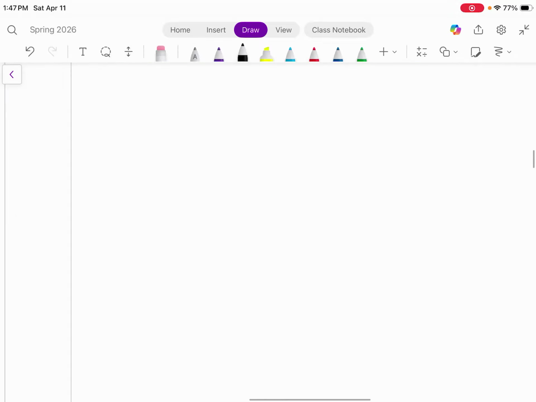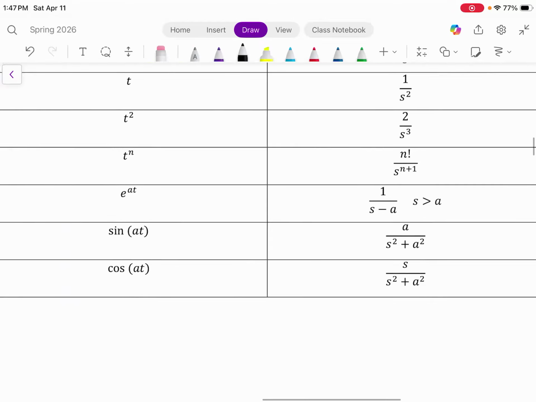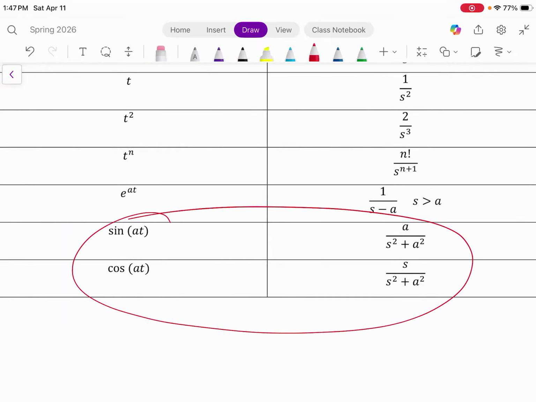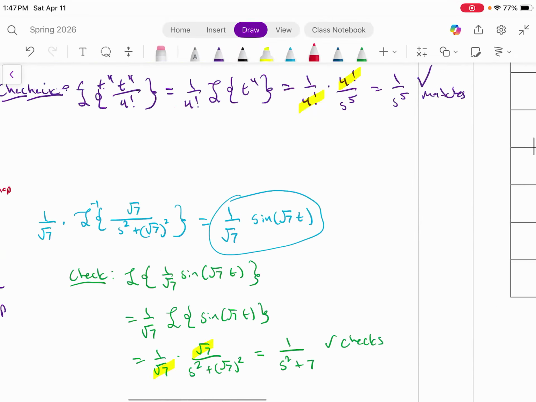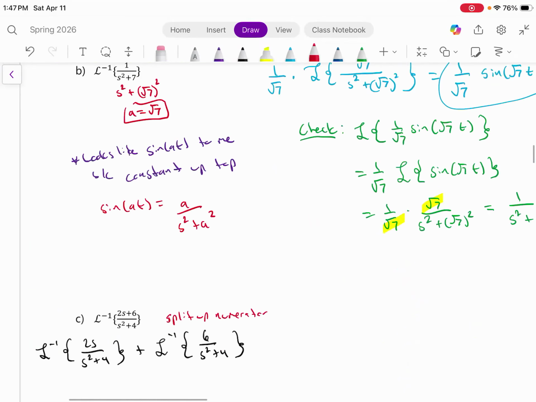And so what I'm specifically looking at are sine and cosine, because I have two terms, one with a constant up top, one with an s on top. So it would fit into sine and cosine. So let's come back to the problem and write that down.